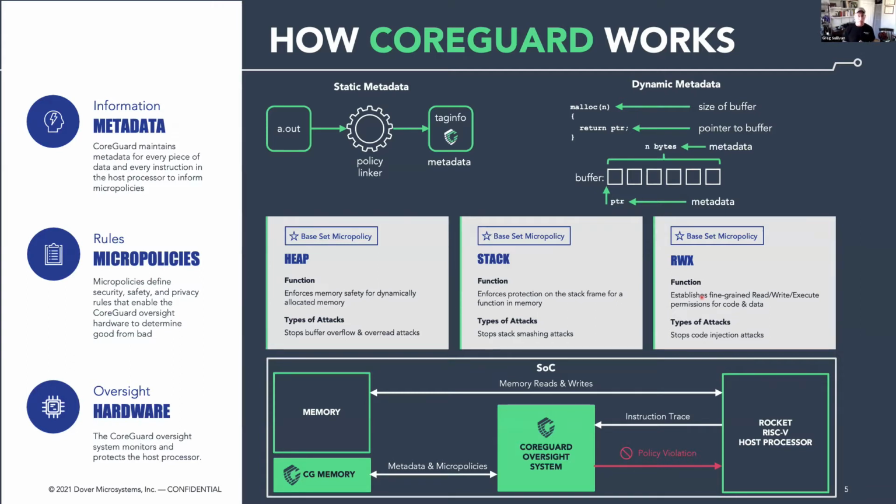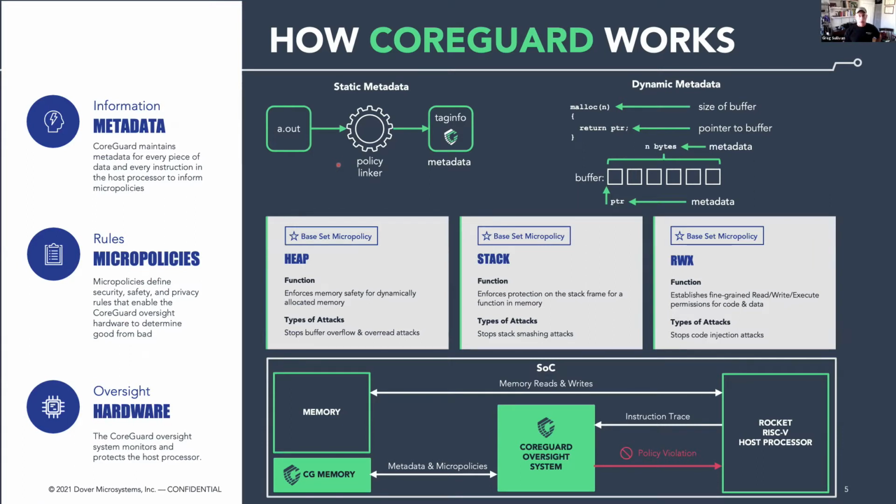The reason these are the base set of policies is because for a given runtime, like FreeRTOS or Zephyr, the programmer doesn't have to say anything. They just use CoreGuard and everything happens automatically. From the software developer's perspective, in the upper left hand, we show that we basically add one more step to the basic build process.